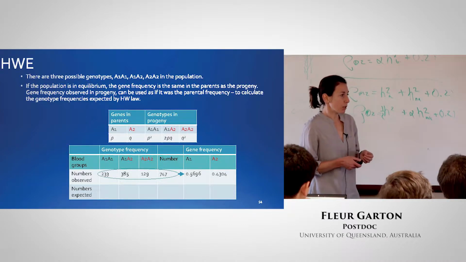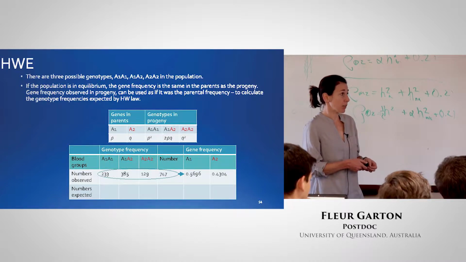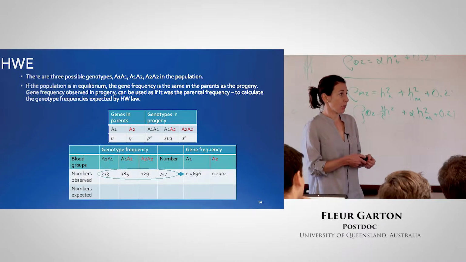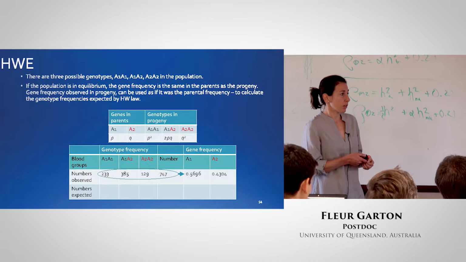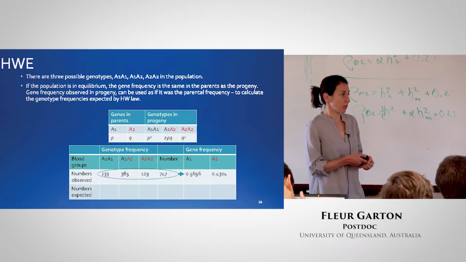And then we use these alleles here in the Hardy-Weinberg equilibrium equation, which basically says the two A1s is equal to P squared, this being P, this being Q, and the other homozygotes are equivalent to Q squared, and the heterozygotes are equivalent to 2PQ.